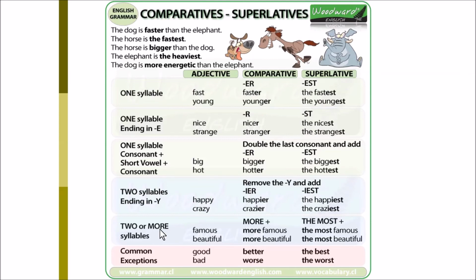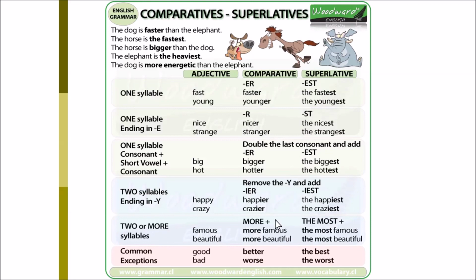And this is something new for you. When you have an adjective that has 2 or more syllables, you don't add er or est at the end. You have to add a new word. In this case, for comparatives, you add the word more, before the adjective. And for the superlative, you have to add the most, also before the adjective.